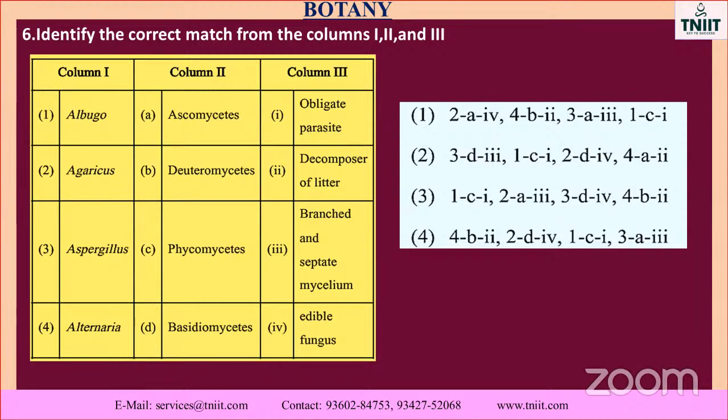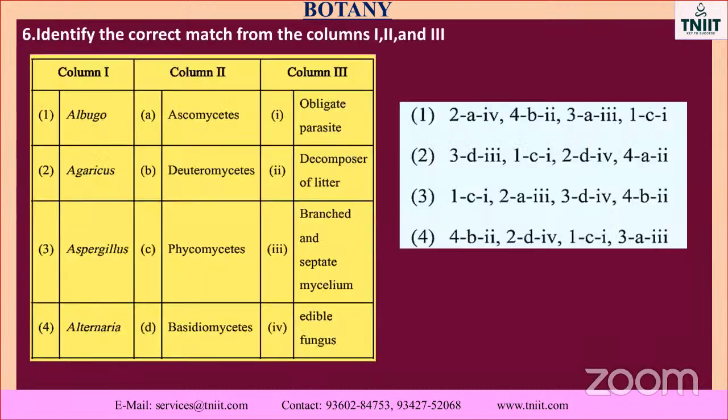Which one is the edible fungus? Agaricus is the edible fungus. So 1 and 4. The correct option is the fourth one. The edible fungus is Basidiomycetes. Okay. The second, Agaricus.